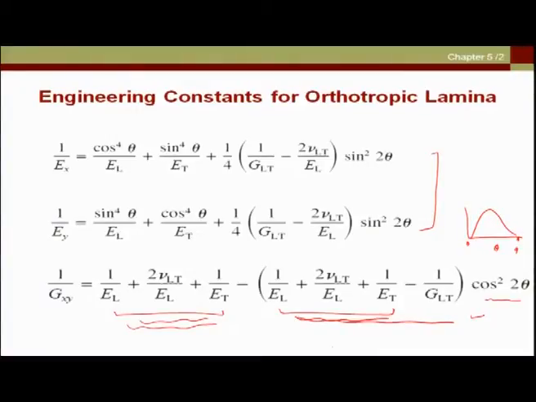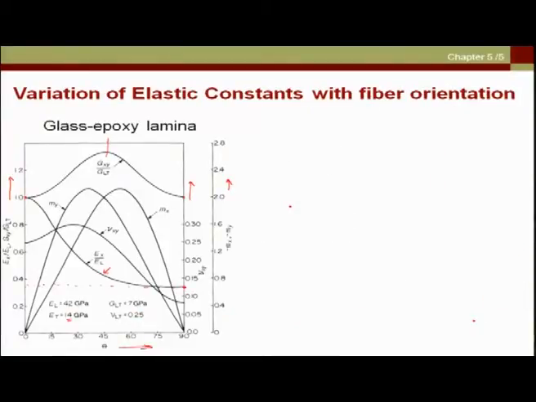Because this curve is like this, the plot for 1 over GXY, or for that sake even the plot for GXY, is symmetric around this vertical line, which is theta equals 45 degrees.